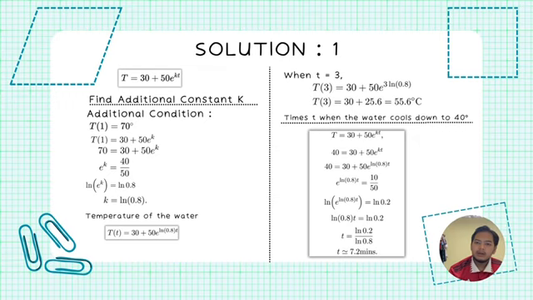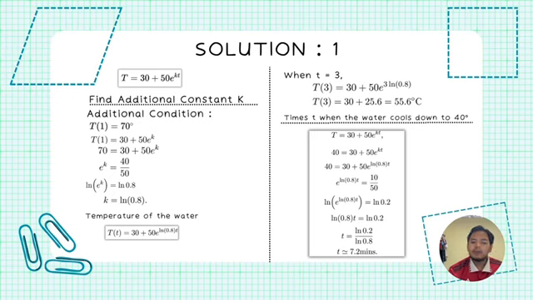Okay, next, to find the temperature of the water after 3 minutes, the equation is T equal to 30 plus 50e to the power of ln 0.8 t.